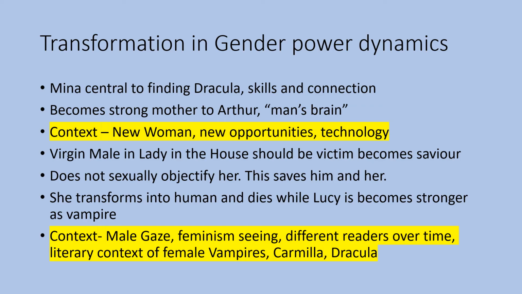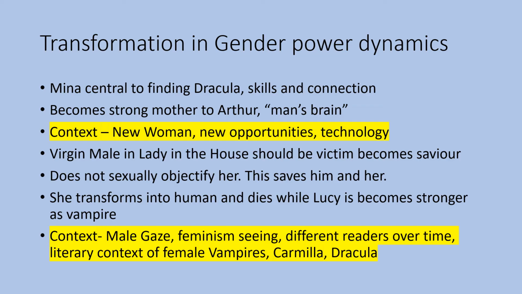She transforms into a human and dies, while Lucy becomes stronger as a vampire. So we could see two different contrasts here. Someone who, in giving up her vampirism, is released from a prison and perhaps willingly dies a human.